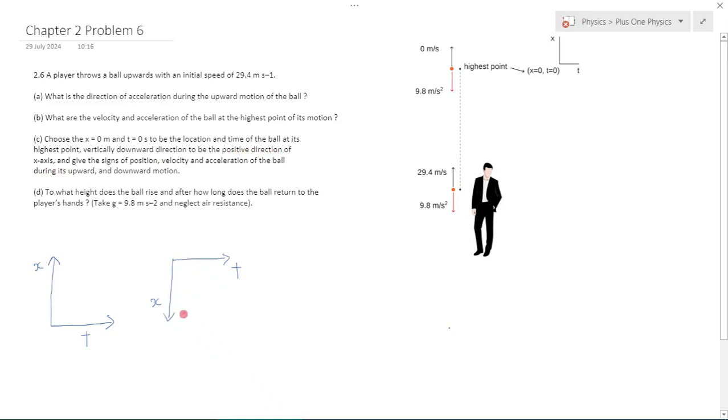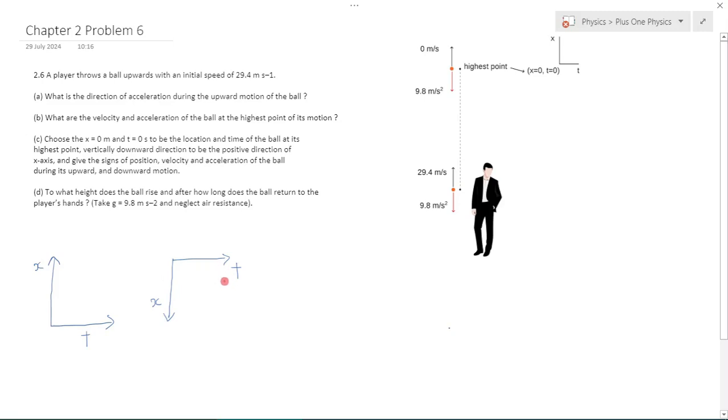So the downward direction is taken as positive. Normally the downward direction is negative, but here we have to take this downward direction as positive x. So this is the diagram we need. This is the graph.